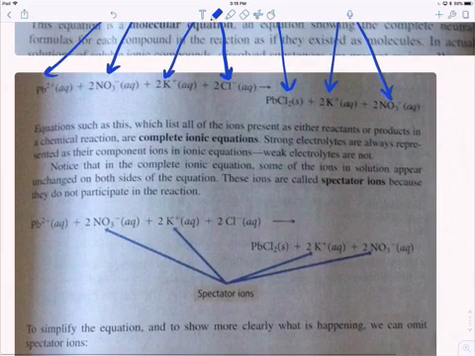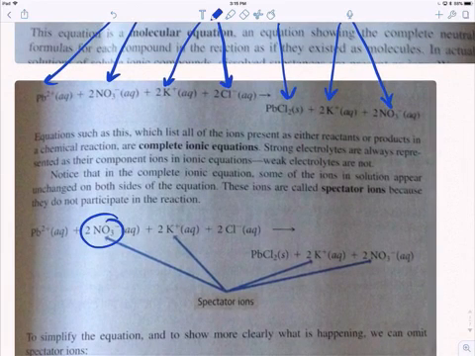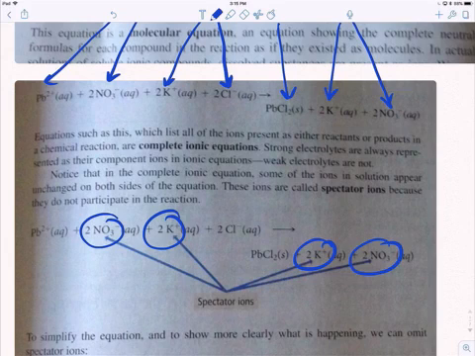So if you look at nitrate and potassium, they are on both sides of the equation. That's kind of cool how the blue looks different in a different shade. Anyways, they're on the same side of the equation, and they don't actively participate in the chemical reaction. So because of that, they're spectators, just like you at a baseball game observing, not partaking in the game.